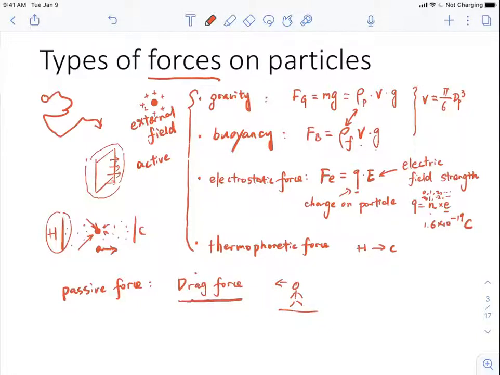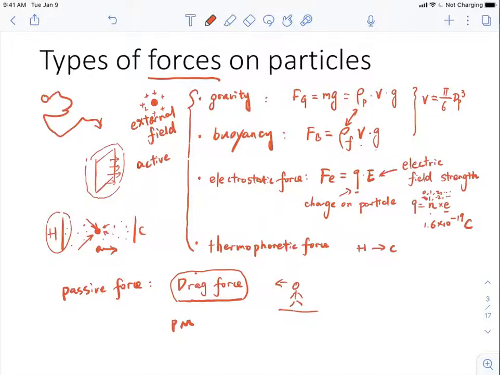Then you may wonder, is that so important? You feel that the drag force doesn't have a lot of resistance, right? Because when we walk, we don't feel a lot of resistance, and we probably only feel that when there are tornadoes or very strong winds. But as a matter of fact, this drag force is very important in a lot of scenarios, especially for particulate matter, or PM.